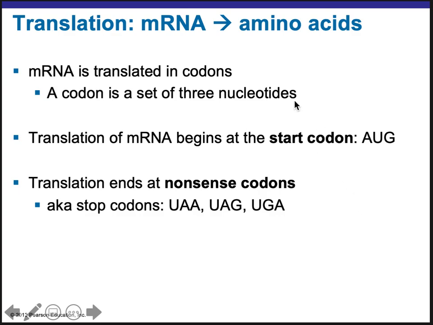So translation, you use that messenger RNA that we just made to bring in amino acids and make the polypeptide. The polypeptide is then folded and modified to make the actual, functional protein. Okay, how is the mRNA translated?